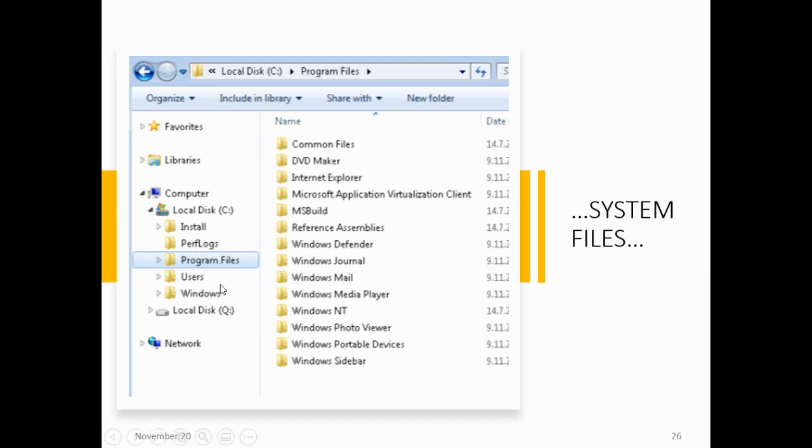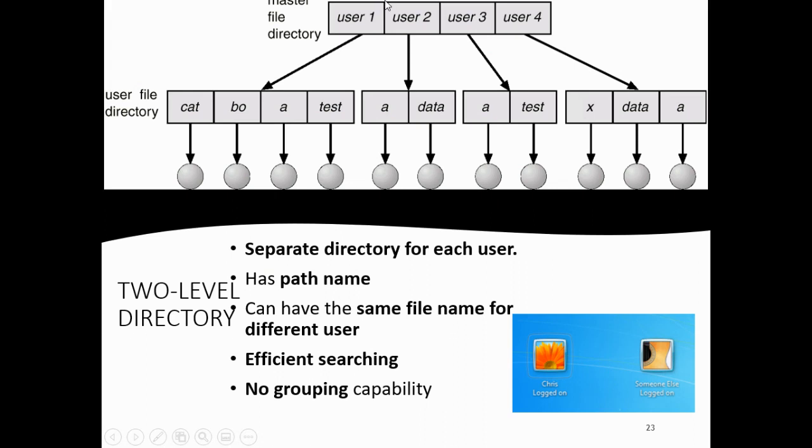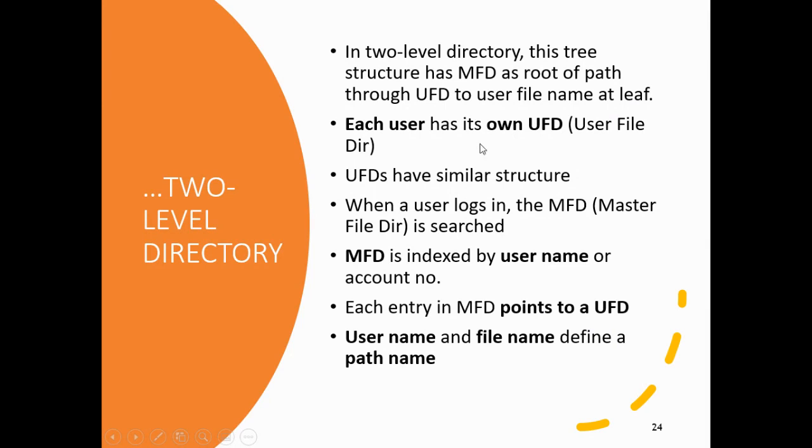The two system files required are the program files and the Windows files. However, since you have four users, these files will be replicated about four times: Program files and Windows here, program files and Windows here, and so on.